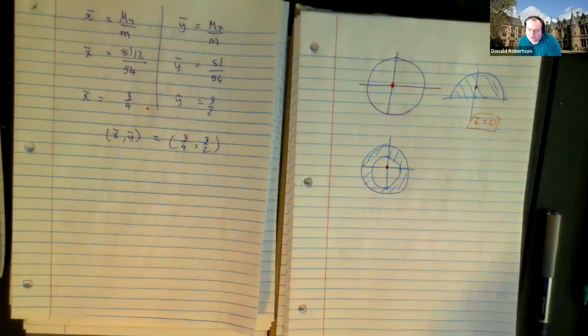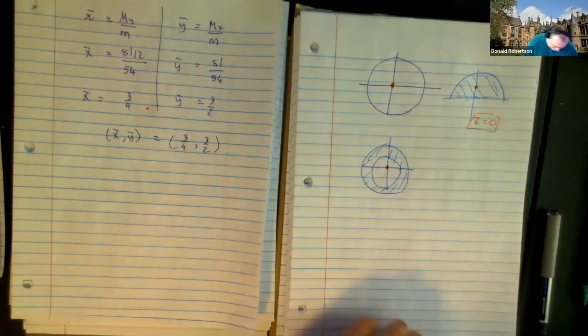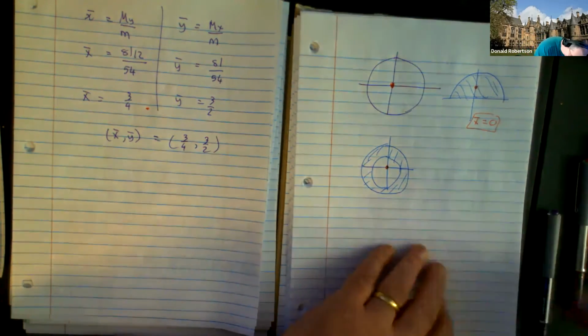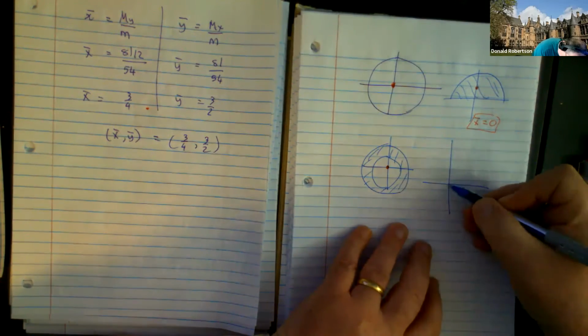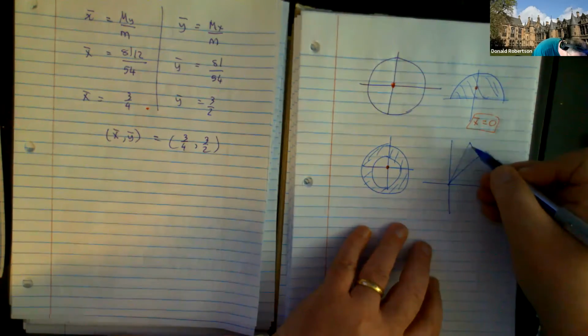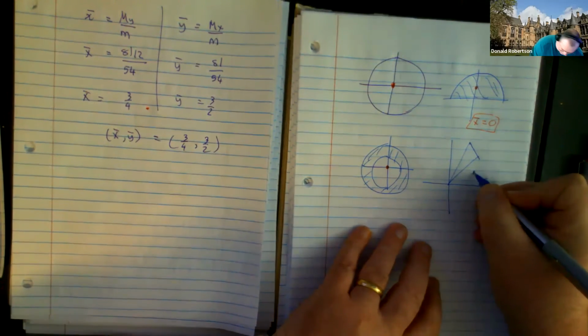It is possible for centers of mass not to be in the surface, right? It seems, well, maybe it isn't unusual looking at that, but it is possible. It is also possible to have a triangle that might look something like this and end up with a center of mass down here.